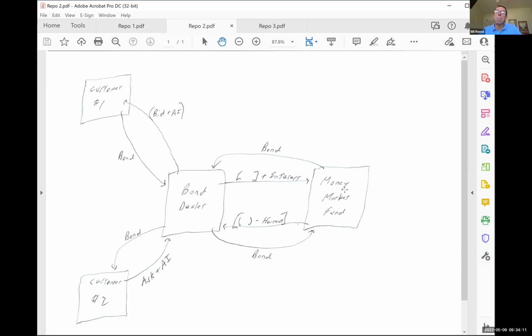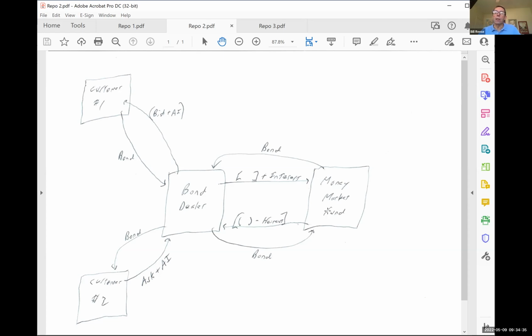So how much money does the money market fund lend to the bond dealer? Well, the value of the bond has been established right up here when the bond dealer bought the bond from customer number one for the invoice price, the bid plus the accrued interest. So you notice I've got that in parentheses here. So that amount of money is the value of the bond.